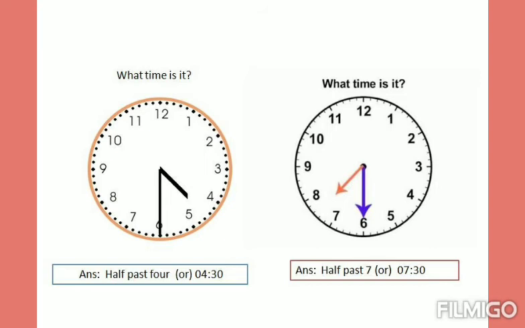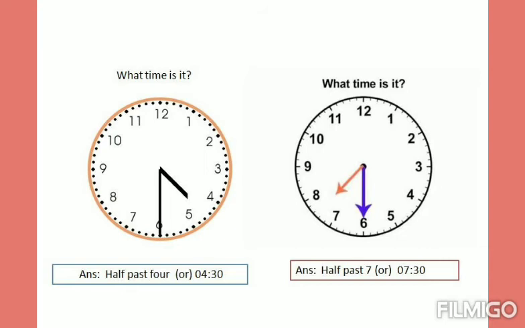We have to separate the hours and minutes by colon. Don't forget it. 7 can be written as 07, and put the colon and then write the minutes 30. Understood, children? This is the way we have to calculate the time by calculating the movement of the hands of the clock.